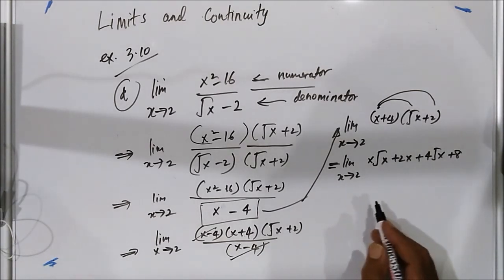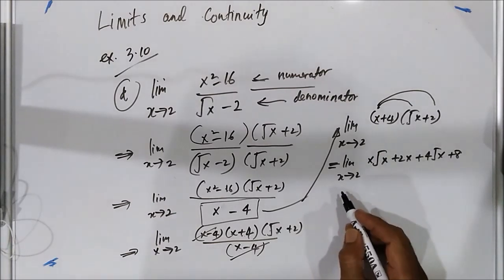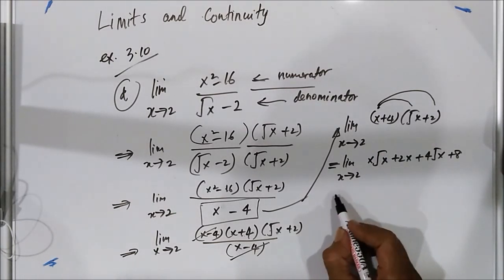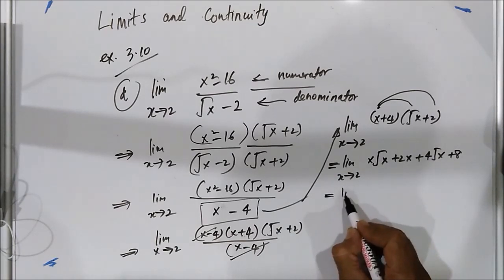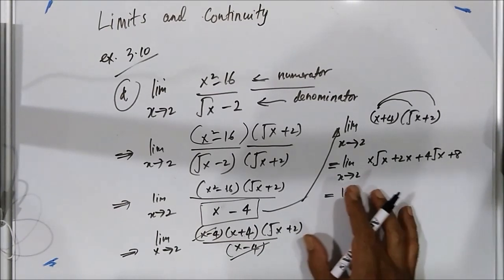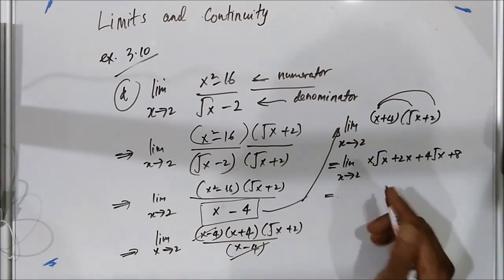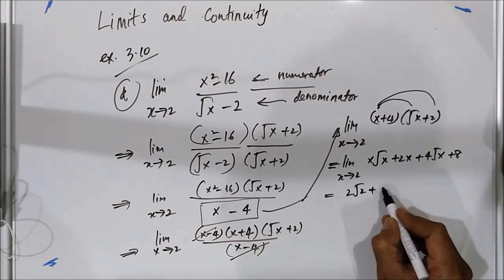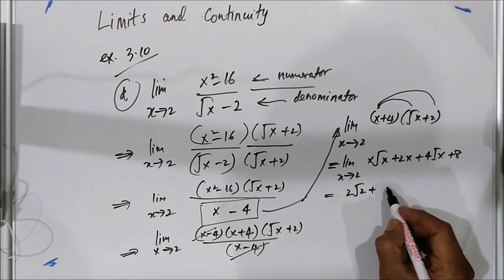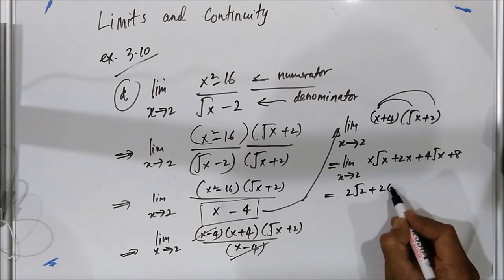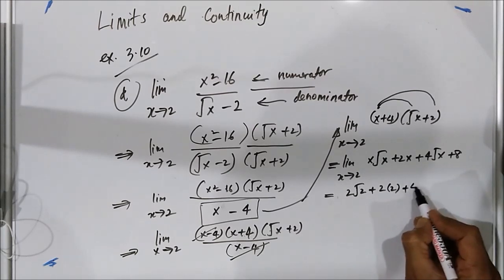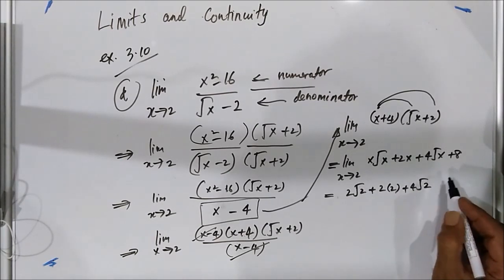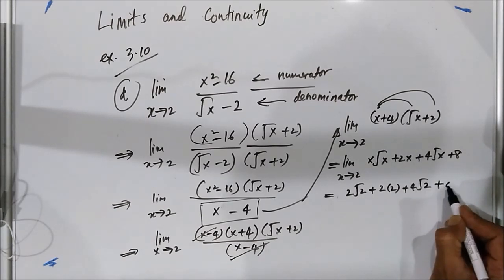Then if you substitute the value of 2 here, you get 2 square root of 2 plus 2 multiplied by 2, plus 4 multiplied by square root of 2, plus 8.